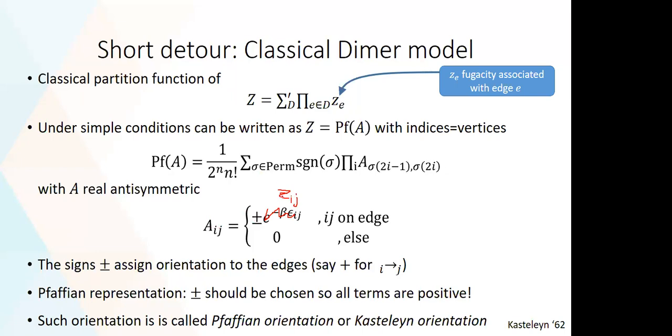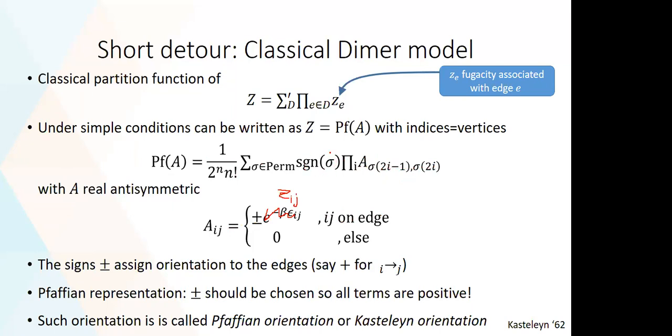You can think of the indices of the matrix as being the different sites, and it has non-zero value if the edge connected by I and J can be occupied by a dimer, and in this product it will go over all possible pairings of edges.